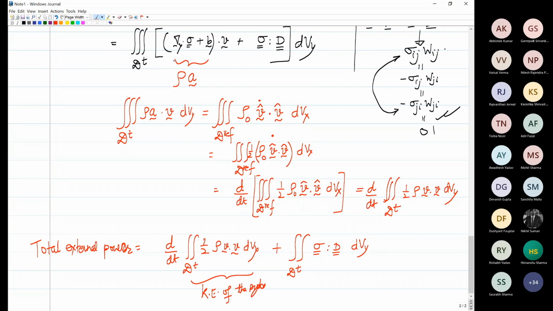So what we see is that in our undergraduate mechanics, we had seen that external power is equal to rate of change of kinetic energy of the system. But now for a deformable body, it is equal to rate of change of kinetic energy plus an extra term. And you see this D is 0 for rigid body. It is 0 for rigid body, and therefore you get back the original result.